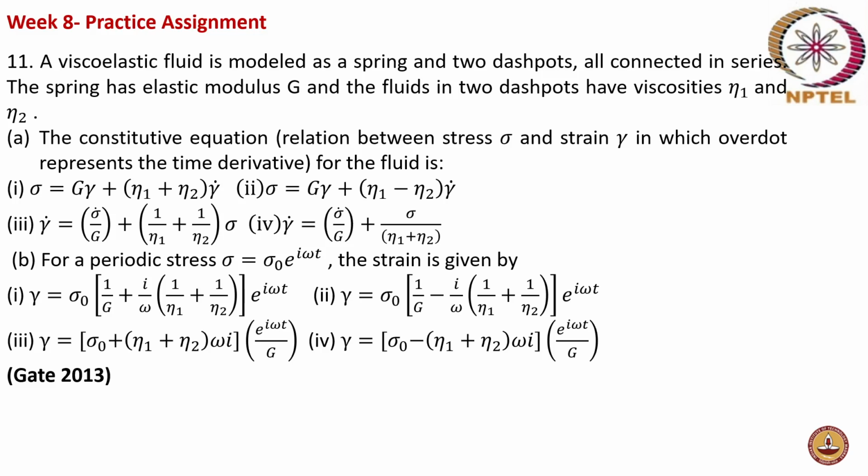Will the strain be given by gamma is equal to sigma naught into 1 by G plus i by omega into 1 by eta 1 plus 1 by eta 2 into e power i omega t, or strain is equal to sigma naught into 1 by G minus i by omega into 1 by eta 1 plus 1 by eta 2 into e power i omega t, or gamma is equal to sigma naught plus eta 1 plus eta 2 into omega i, the whole multiplied by e power i omega t by G, or gamma is equal to sigma naught minus eta 1 plus eta 2 omega i into e power i omega t by G? So this is the GATE 2013 question.